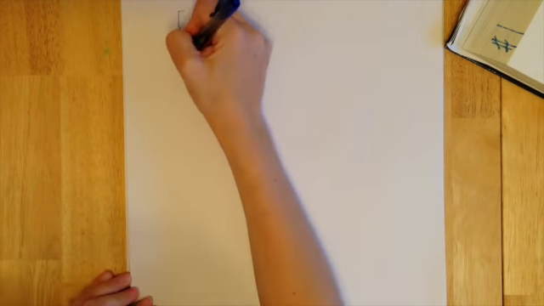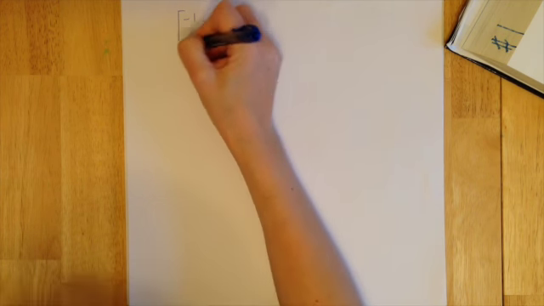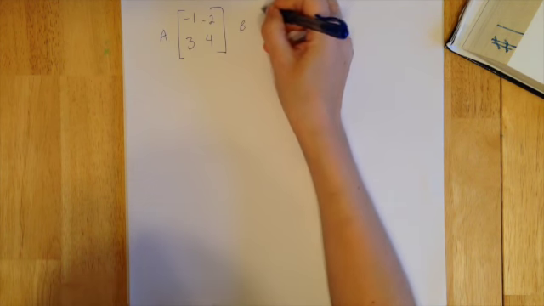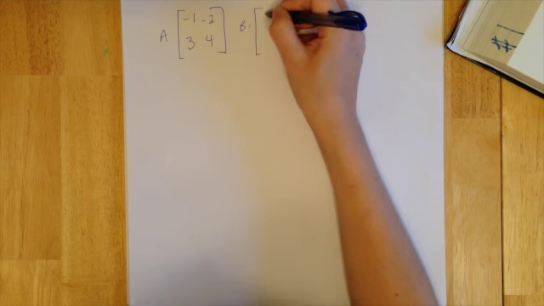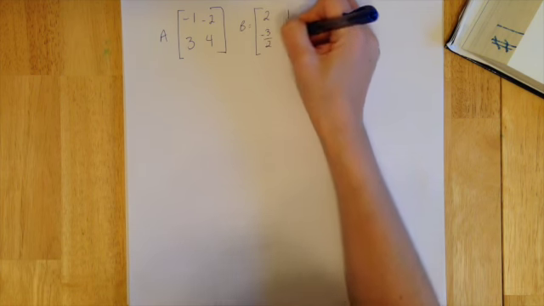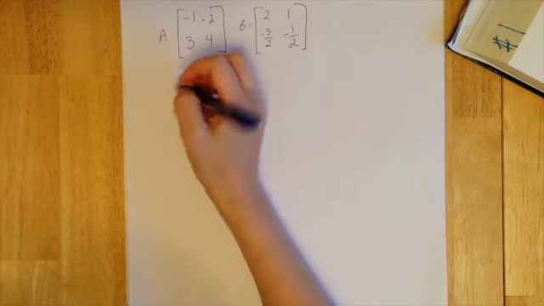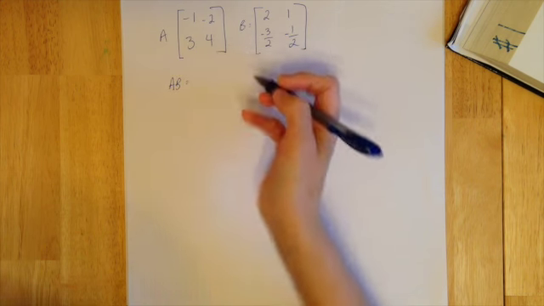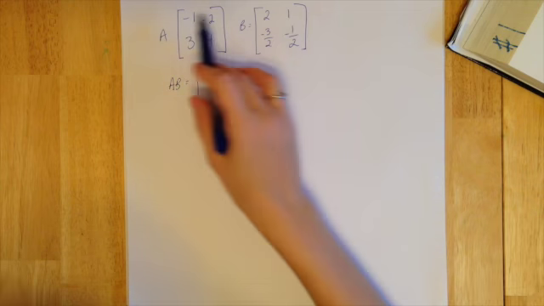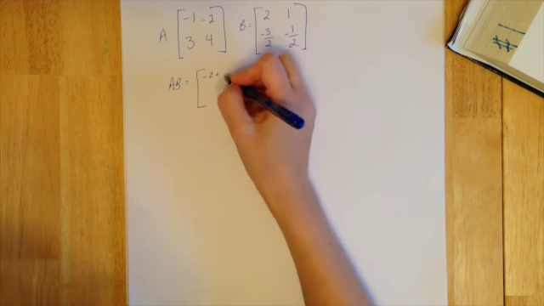Okay, now let's check to see if negative 1, negative 2, 3, 4 being our A, and our B being 2, 1, negative 3 halves, negative 1 half, are inverses. So AB would give me the first row, first column, negative 2 plus 3.